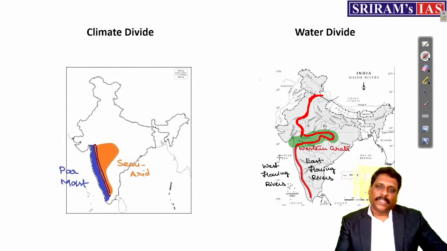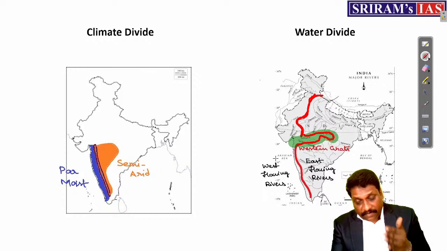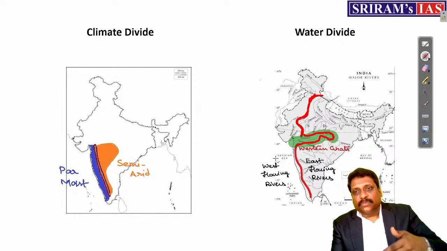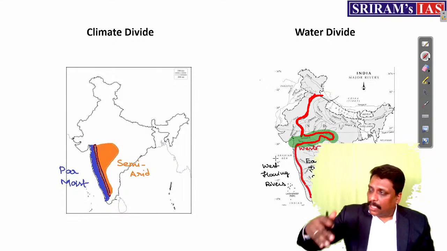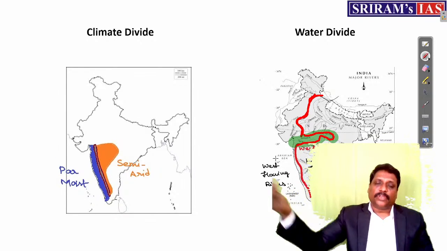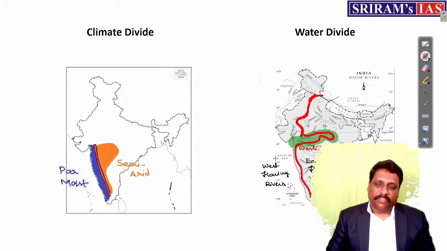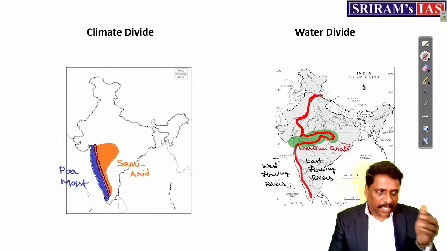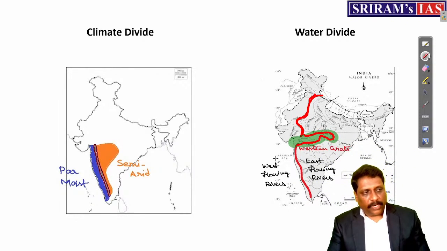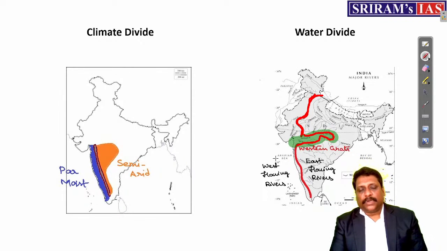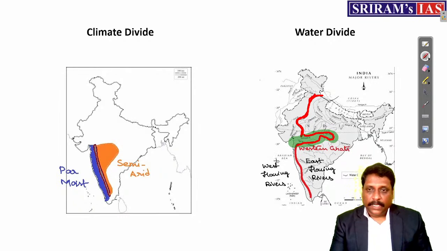Narmada and Tapi. This rift valley is the major reason why exactly Narmada and Tapi are flowing towards the west, while all other rivers in peninsular India are flowing towards what? Eastern side. If the rift valley would not have been there, Narmada and Tapi would have also been flowing towards what? Say, for example, towards the east, like any other rivers as such. Okay? Right.